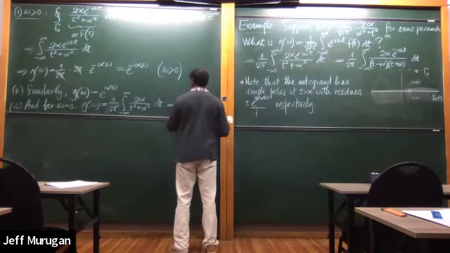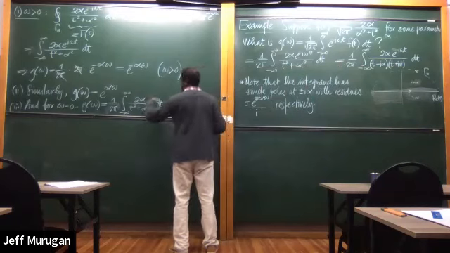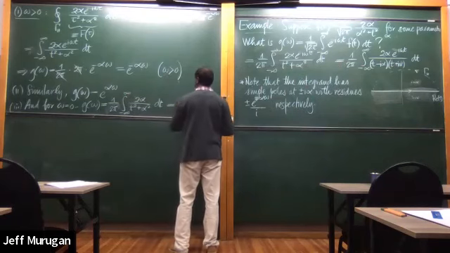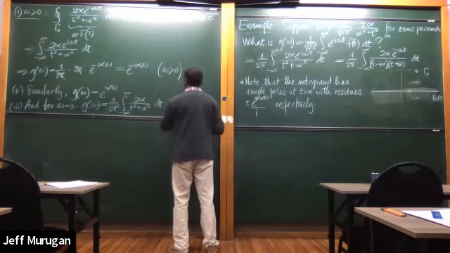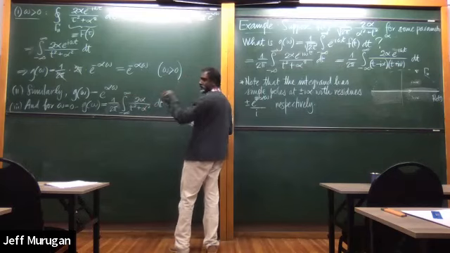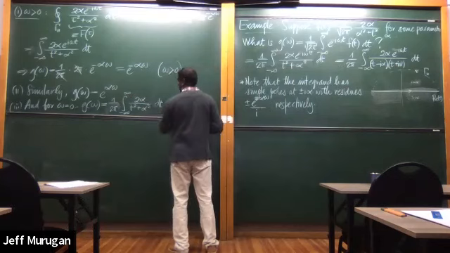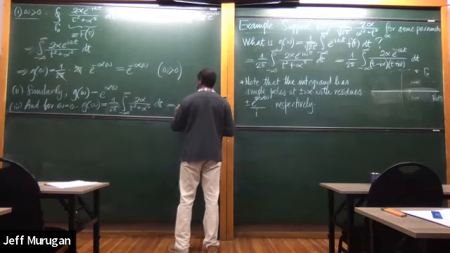So this evaluates to 2 pi. The inverse tan goes from minus pi to pi, so this evaluates to 2 pi, and 2 pi cancels out on 2 pi.